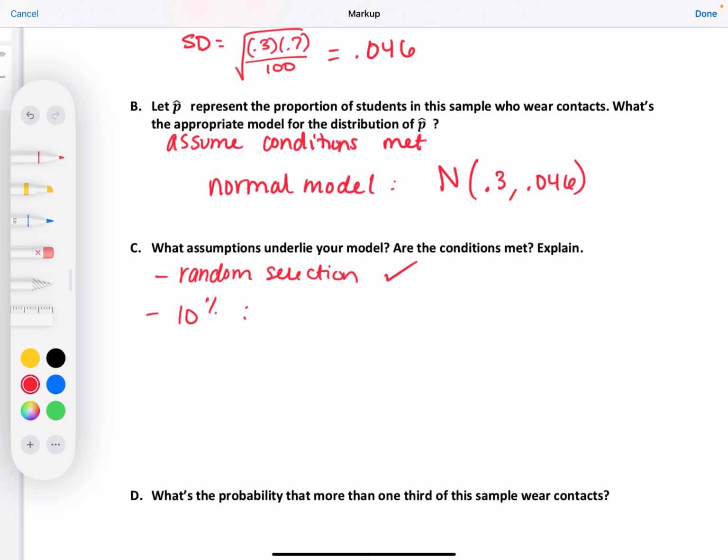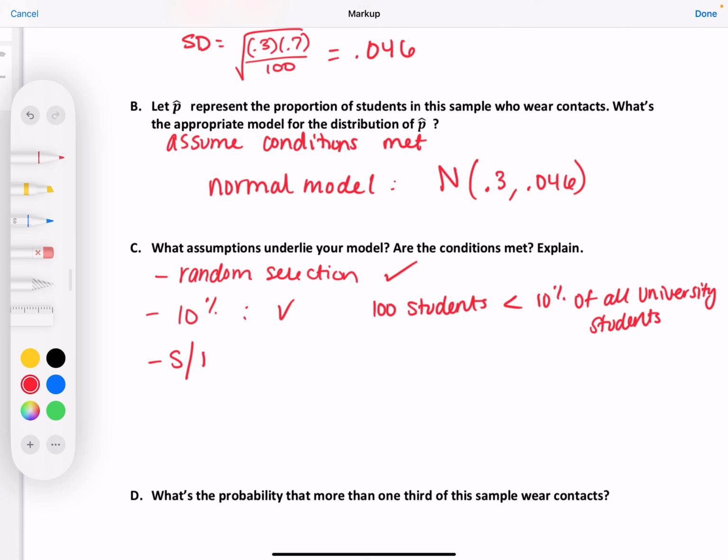Yes, because 100 students are less than 10% of all university students. Obviously, you could be talking about that individual university, or you could be talking about all universities across the country. But I would still say overall, you probably have more than 1,000 students in a university, no matter how small they are. So you can still make that assumption.